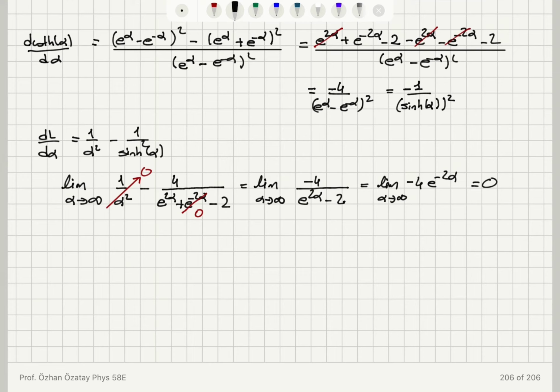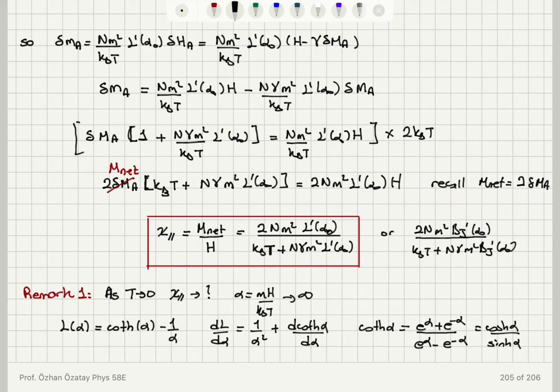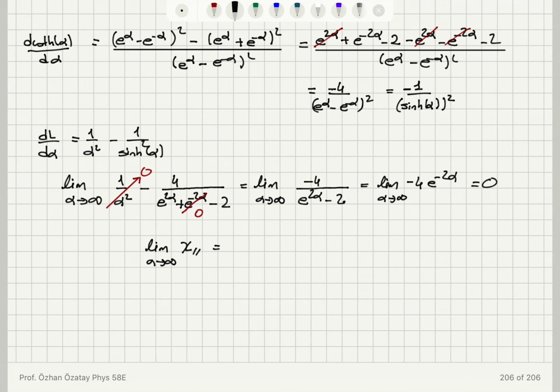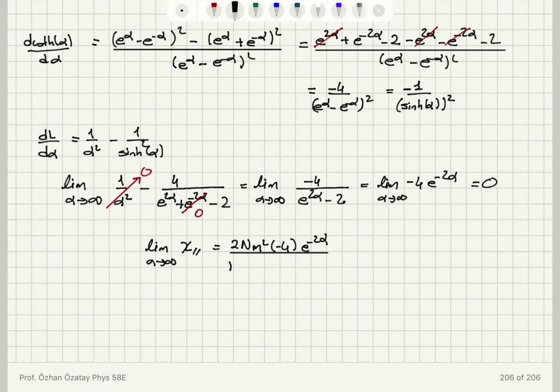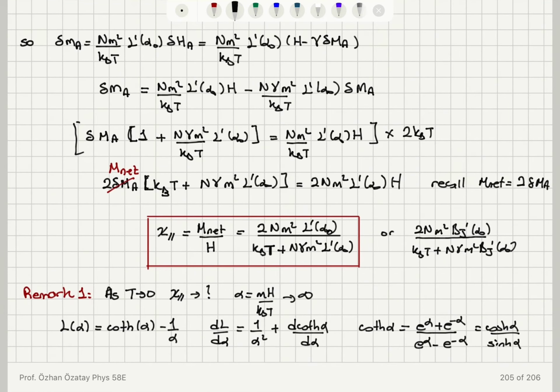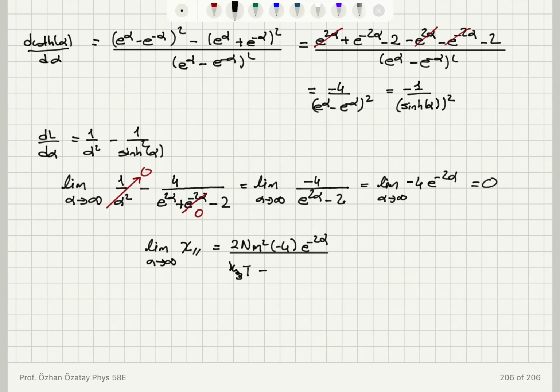So if I look at the limit as alpha goes to infinity, what happens to the longitudinal susceptibility? I can see that for the top, 2NM square, the derivative is going as minus 4 e to the minus 2 alpha approaching 0 like this. And at the bottom I have kBT, and the next term will be N gamma M square, which is minus 4N gamma M square e to the minus 2 alpha.